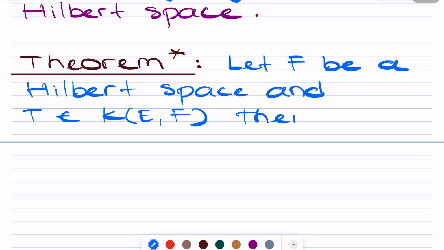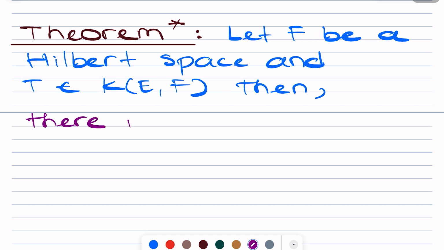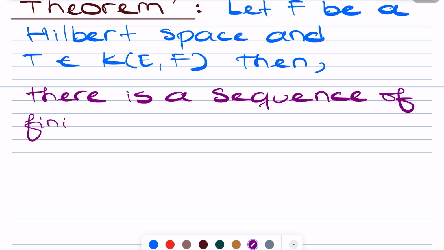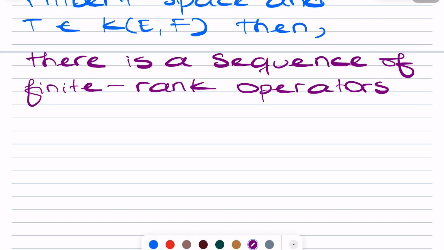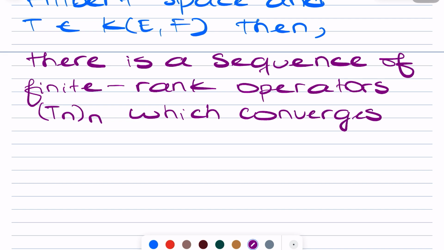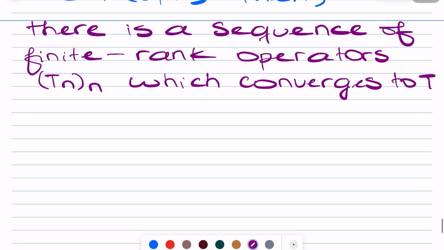Then there exists a sequence of finite-rank operators, we call it Tn, which converges to T in the space of linear bounded operators.